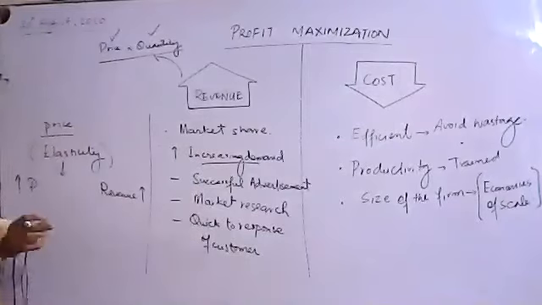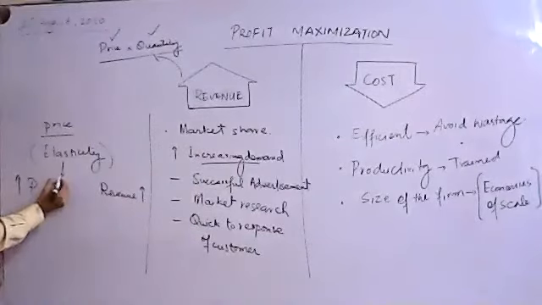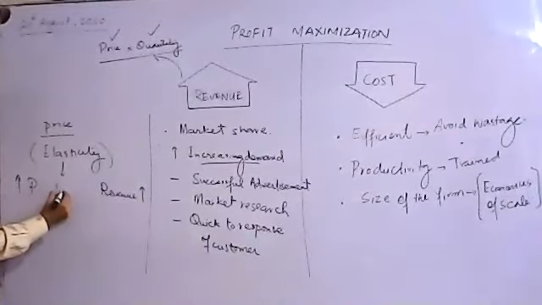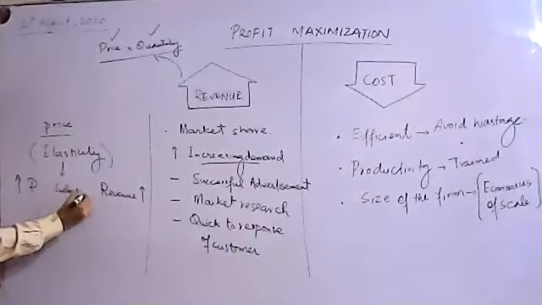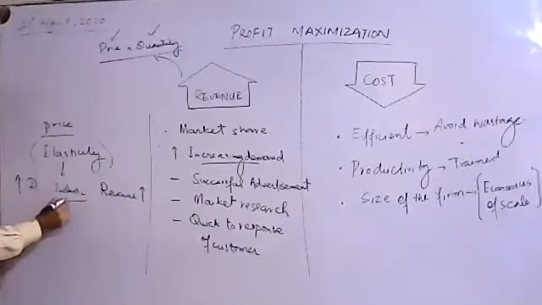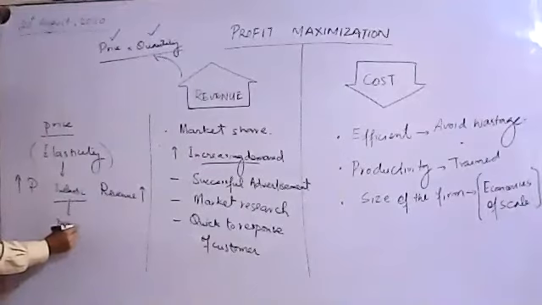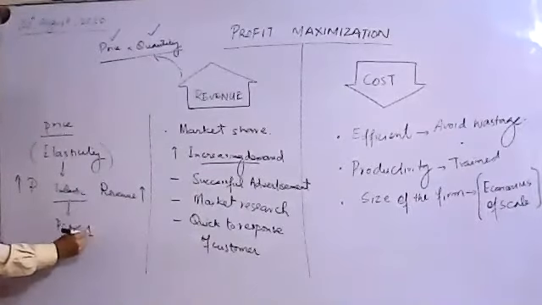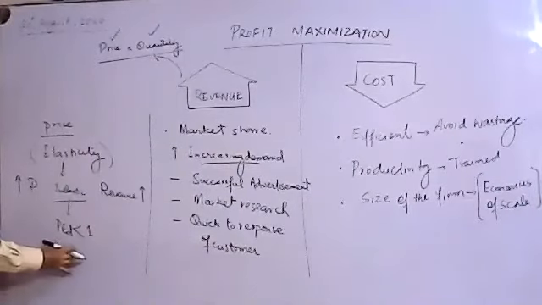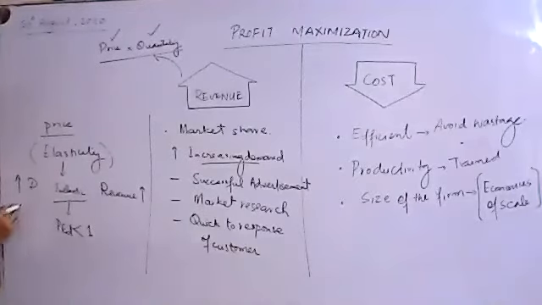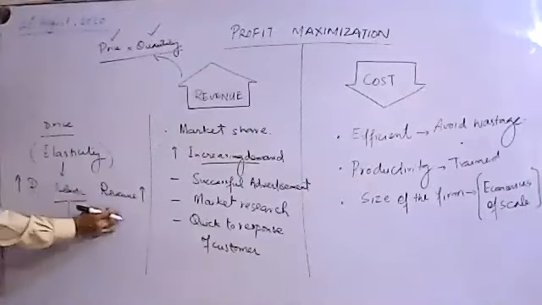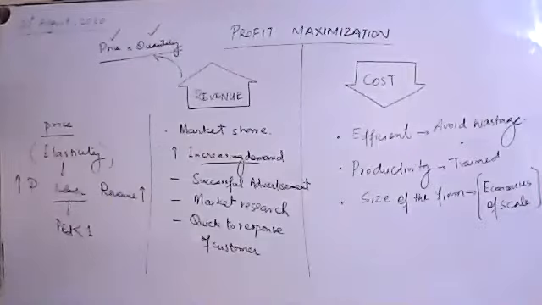You can well imagine if you know that the price elasticity of your product is inelastic. When we talk about inelastic, we are talking about price elasticity of demand being less than 1. When it is less than 1, it means if the price is increasing, the revenues must be increasing.